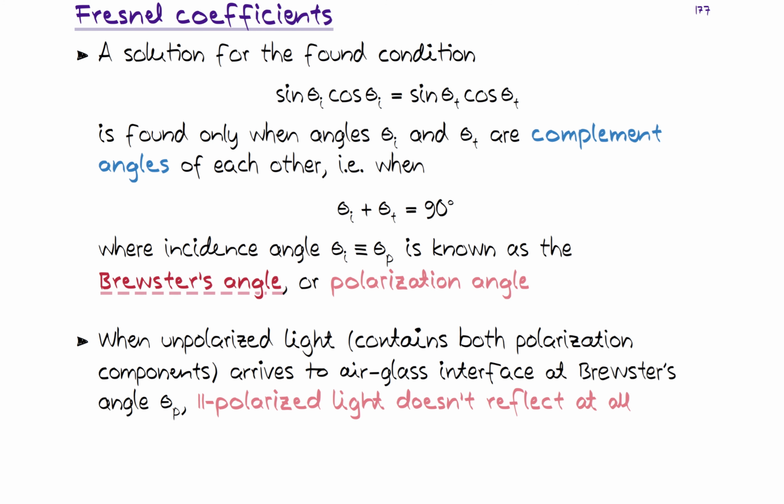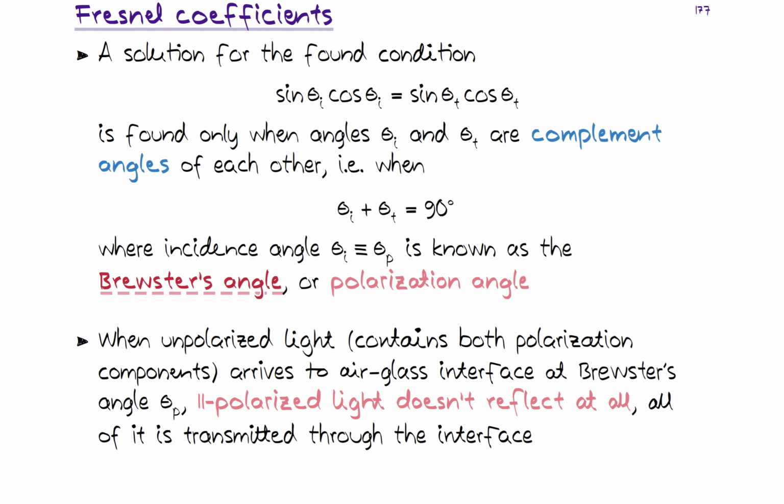This field component polarized along the plane of incidence is not being reflected, since R equals zero in that case. That means that all of this component of light is being transmitted through the interface.